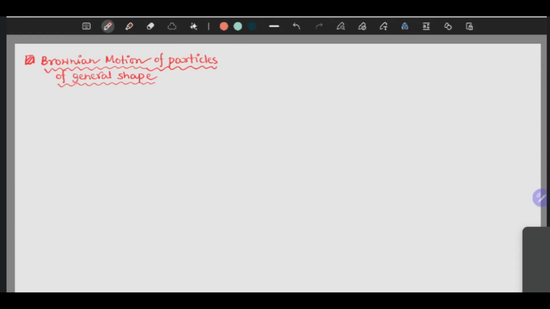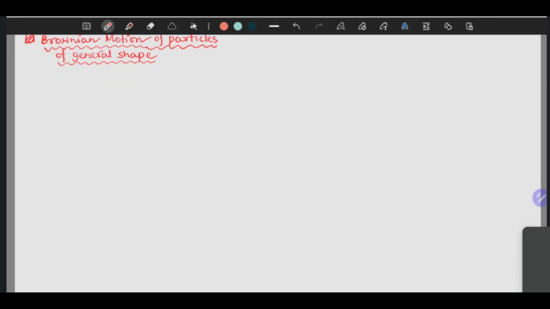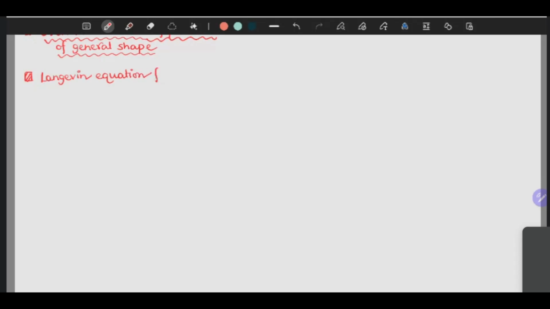Okay, so if you write the Langevin equation for particle configuration.